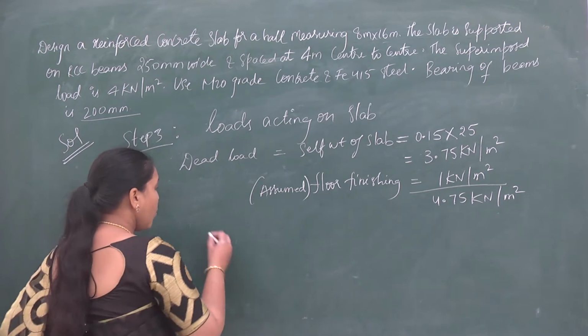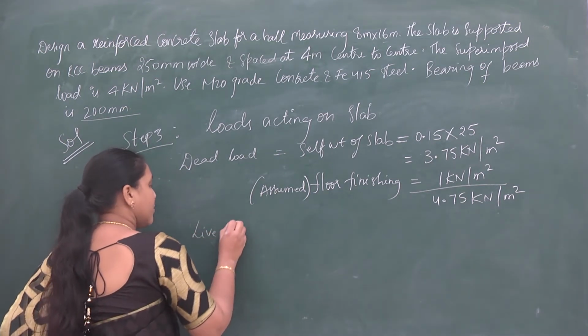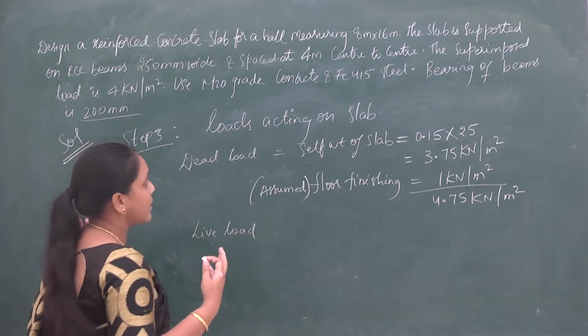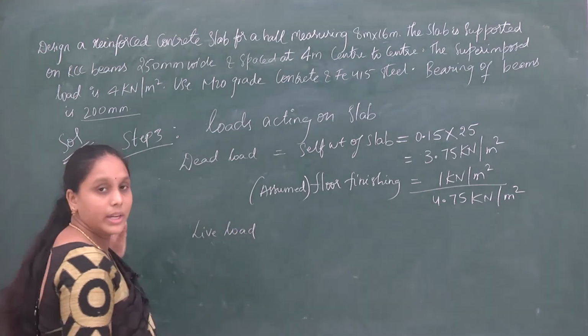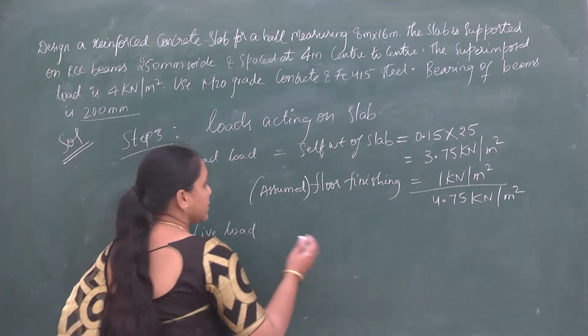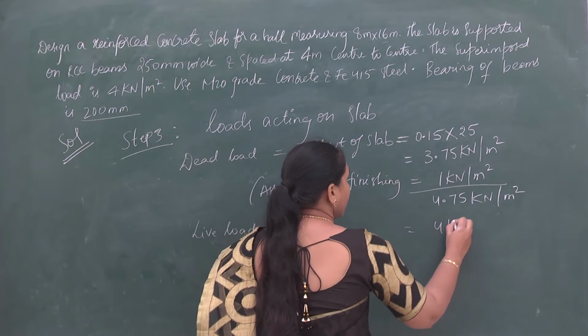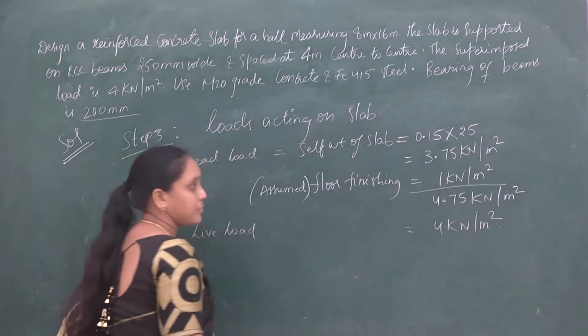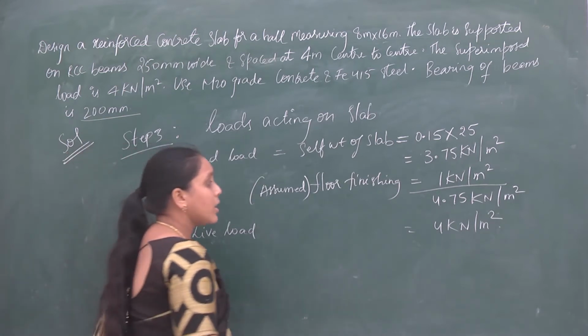Now, what is the other load? It is the live load or the imposed load. So in the question it is already mentioned, that is the superimposed load is 4 kilonewton per meter square. So what is the live load? The live load is 4 kilonewton per meter square. So now what will be the total load?